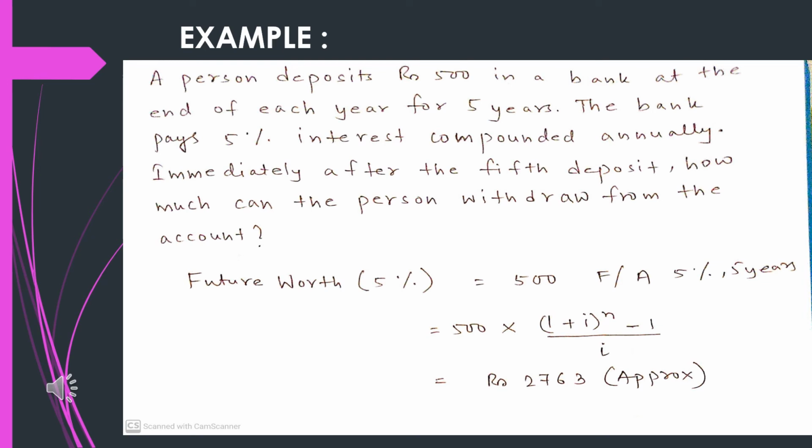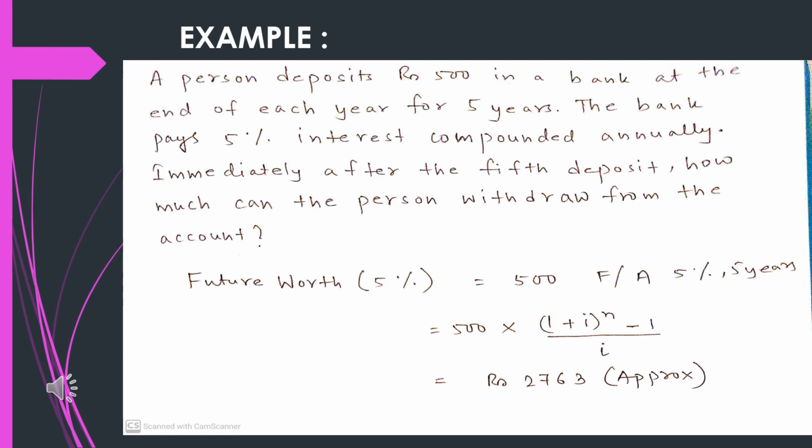That end of the period is future worth to us. And if that is future worth, the value 500 moves from annual worth to future worth, taking into consideration the 5% interest rate and the 5 year time period.